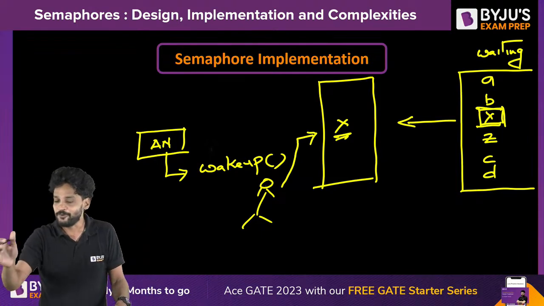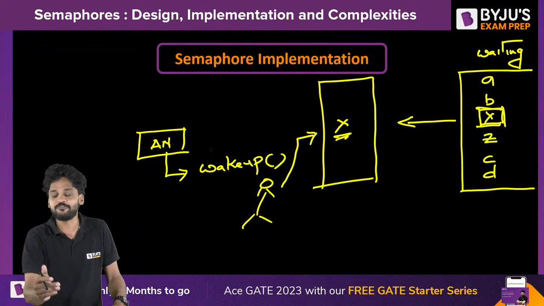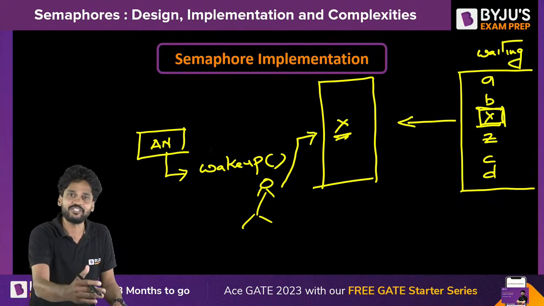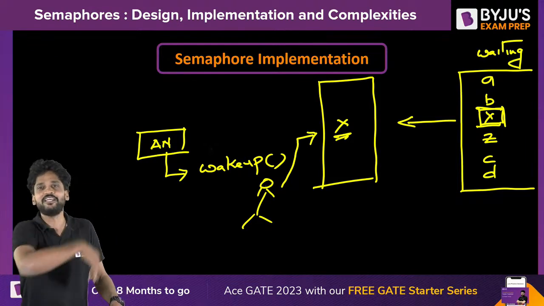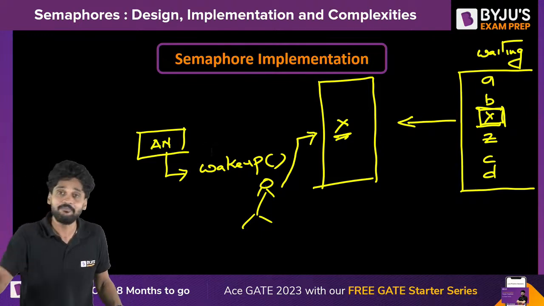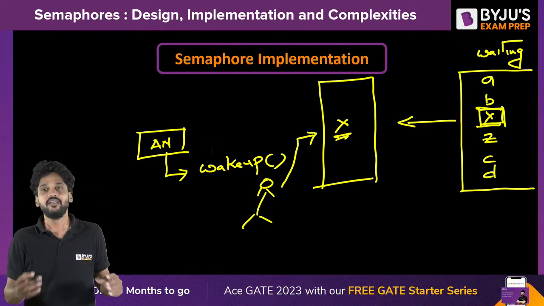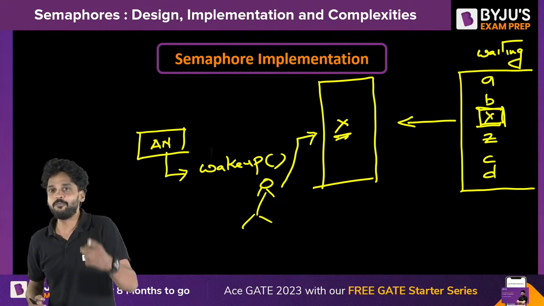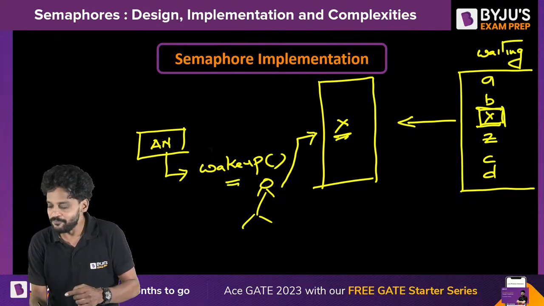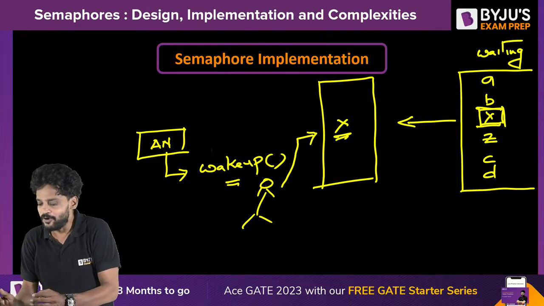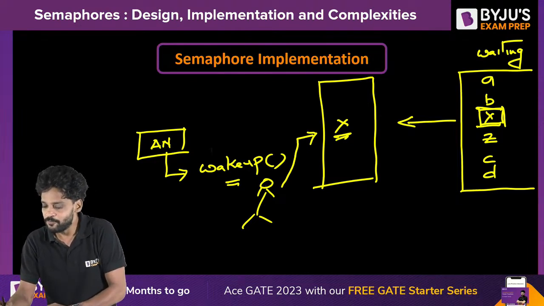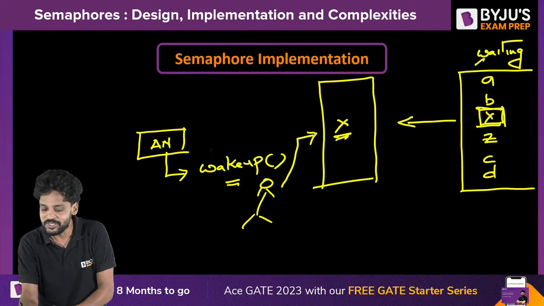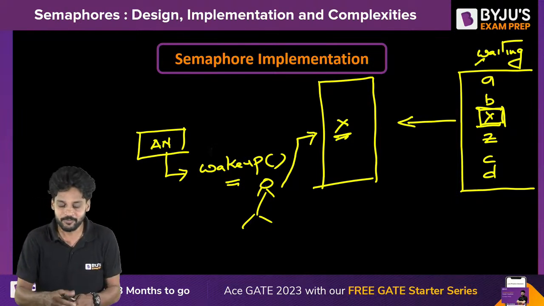Only X will get transferred from the waiting state to the ready state, meaning waiting queue to the ready queue. It doesn't mean that X will get immediately scheduled after AN. It may get scheduled, may not. The wake up operation can only transfer one process which is in the waiting state to the ready state. That's it. I hope you got it.